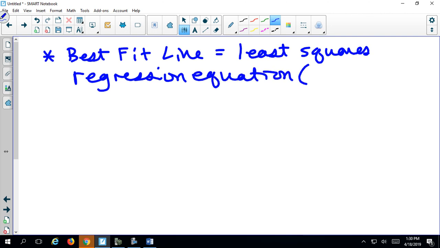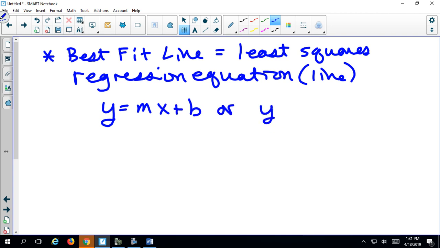Or you could say it's the least squares regression line. It's always in this form, mx plus b, or it could be like this, b plus mx.